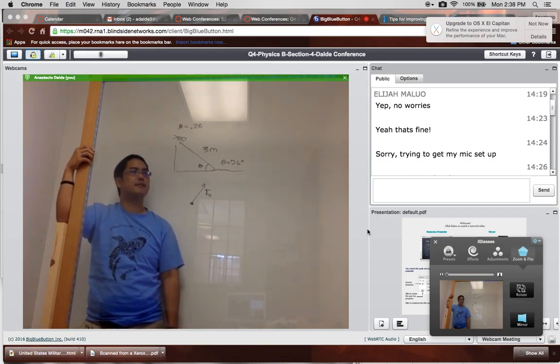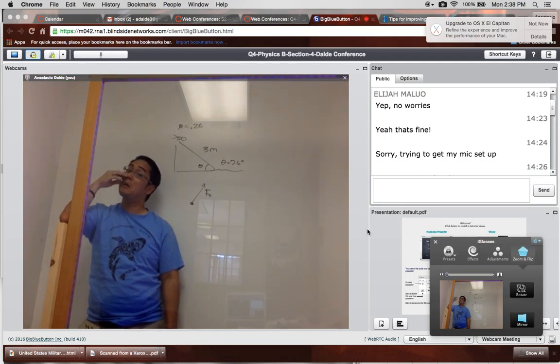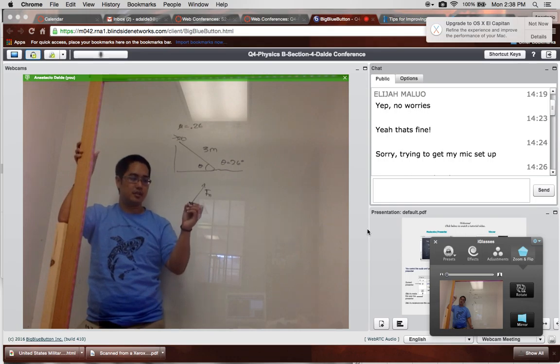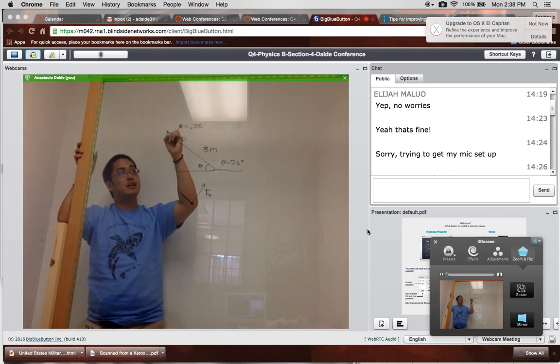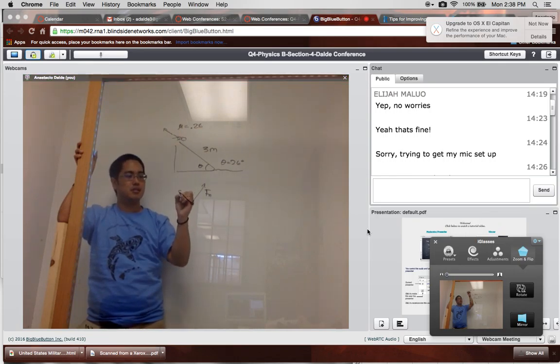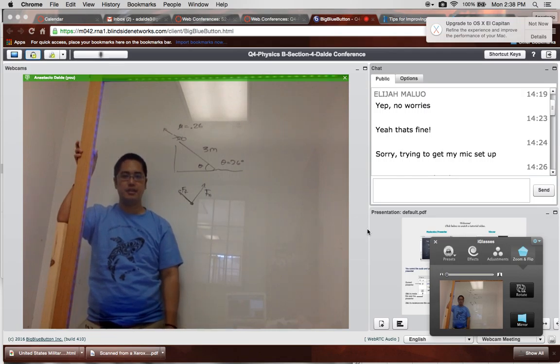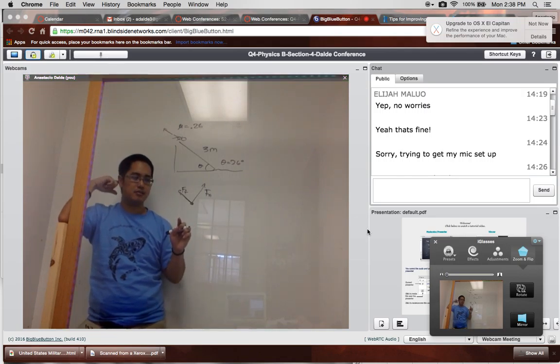Okay, what else do you see? The friction force, which is going parallel to the slide. Right. I'm going to call that FF. In fact, I'm going to call it FFK.